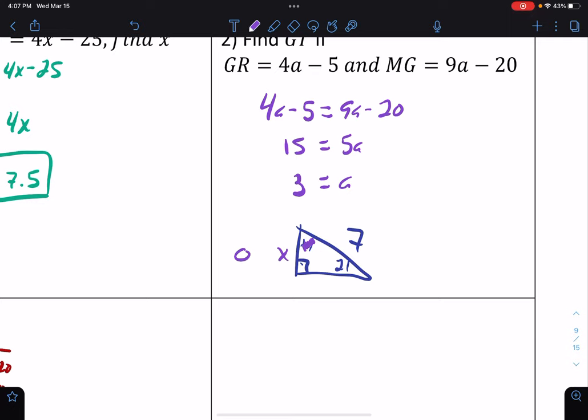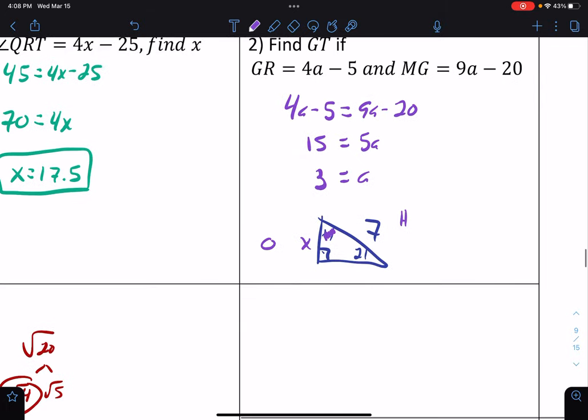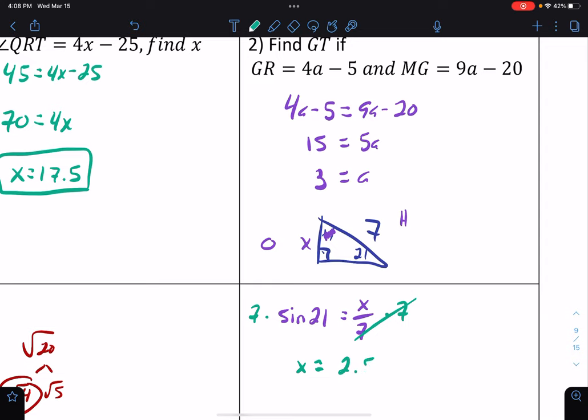X is opposite that 21, and the 7 is the hypotenuse to that 21. So that's telling me I'm going to use sine. Sine of 21 is equal to x over 7. If I multiply both sides by 7 and plug into my calculator, I see that x is approximately 2.508.